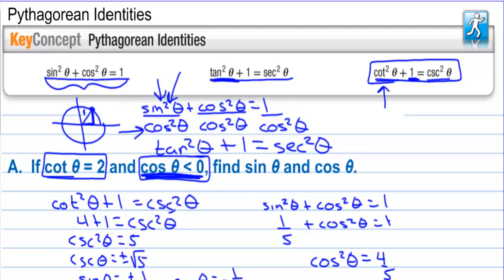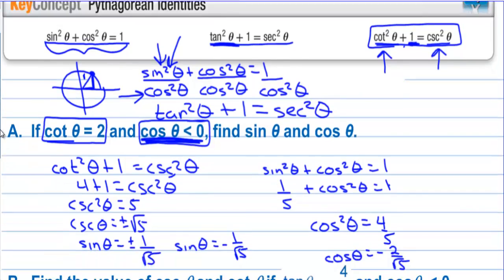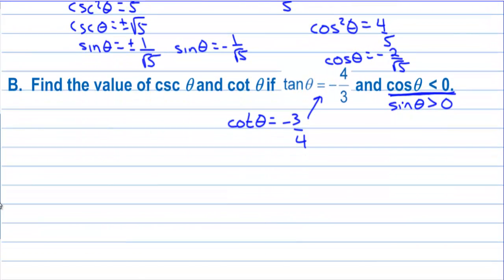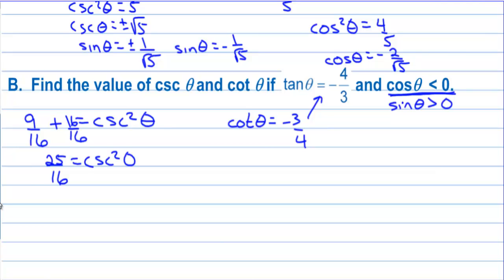So if we use cotangent squared, add 1, we have cosecant squared. So cotangent squared, that would be 9/16, plus 1, is equal to cosecant squared theta. 9/16 plus 16/16, that's 1, is 25/16. Now that's cosecant squared theta.